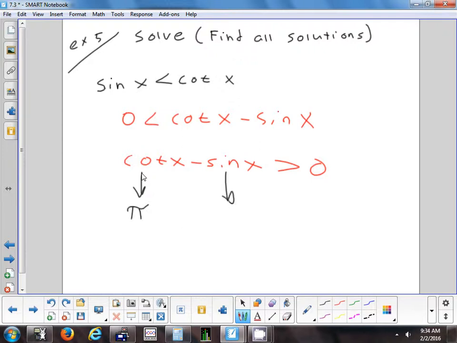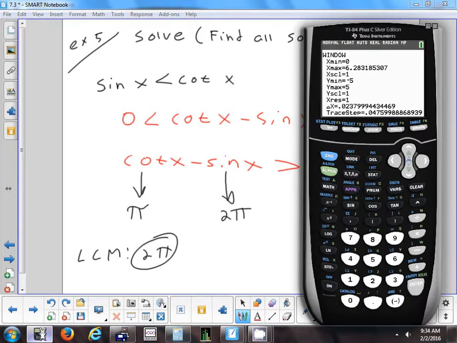What's the period of sine? Sine to an odd power: 2 pi over b, and b is 1. Okay, so my LCM shows up a lot. That's what you're going to have to add onto each interval, and that's also going to be my window, which I already have.